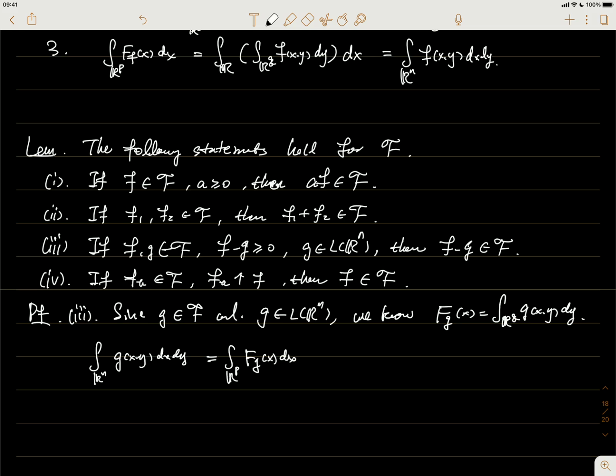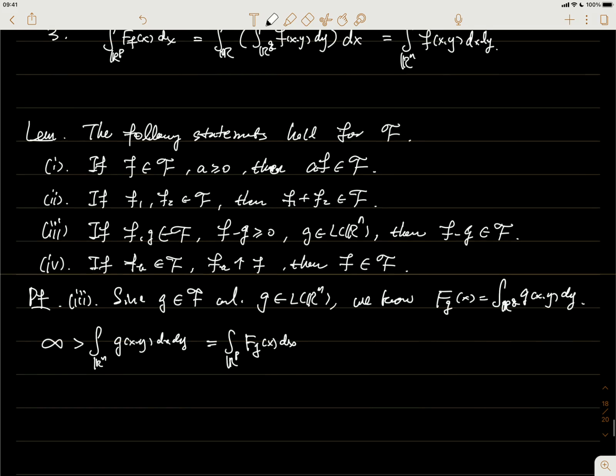But since g is integrable, I know that this one is finite. And that also means this is finite. And remember that this is non-negative, it's greater than or equal to 0. And it's finite, that means that this function as a function of x is finite almost everywhere, right? So this means that fg is finite almost everywhere on Rp.